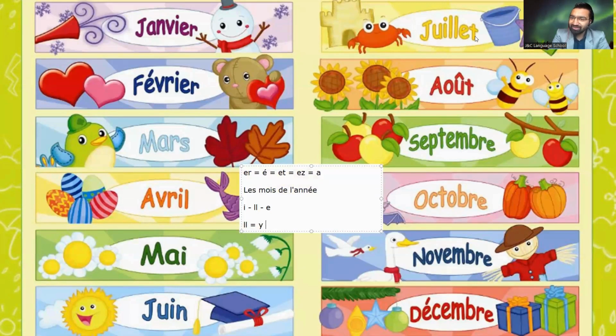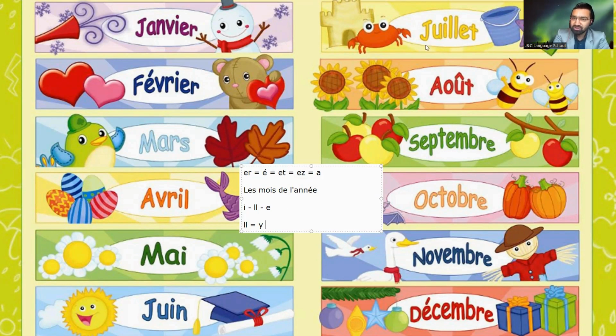And we can see in July the 2L are between I and E, so we will change the sound of 2L to Y, and in the end there is ET. So we have to make the sound of A. So you will say July in French simply as juillet.